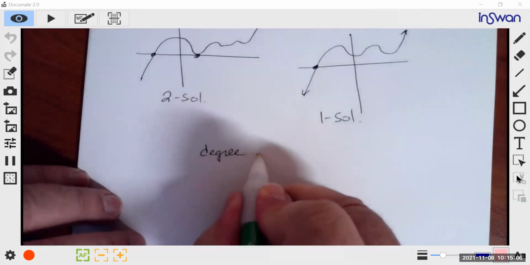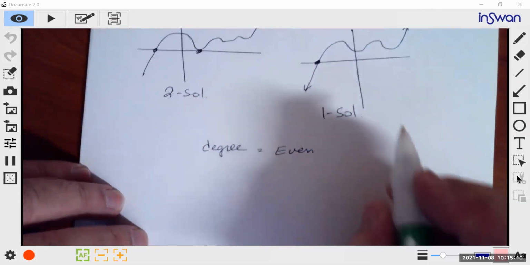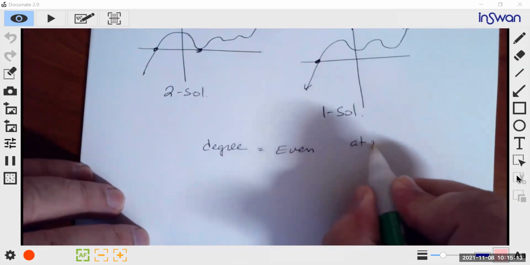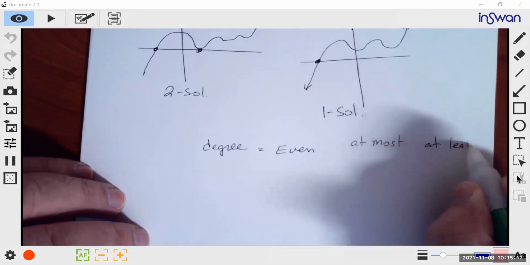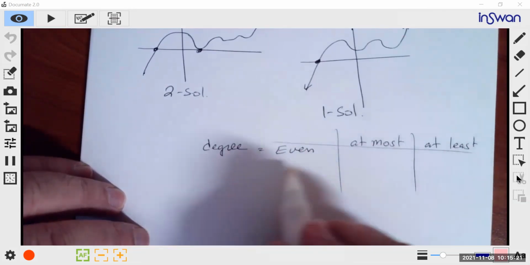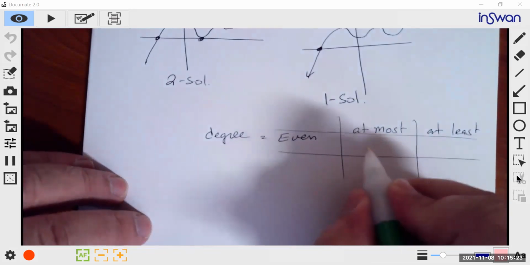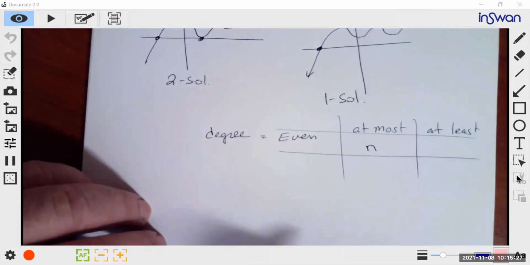If the degree is even, the most you can have is n.